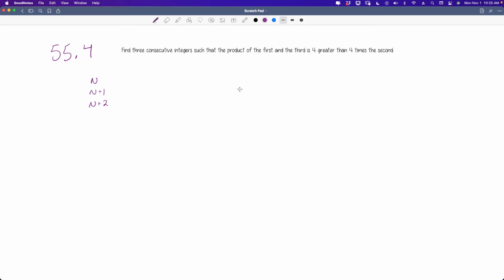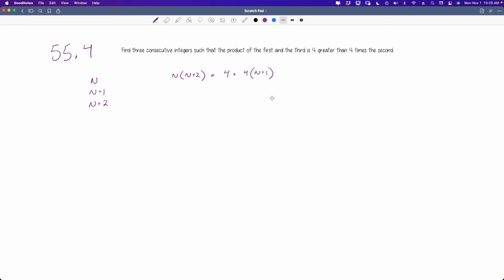The product of the first and the third means the first times the third, is 4 greater than 4 times the second, which is n plus 1.